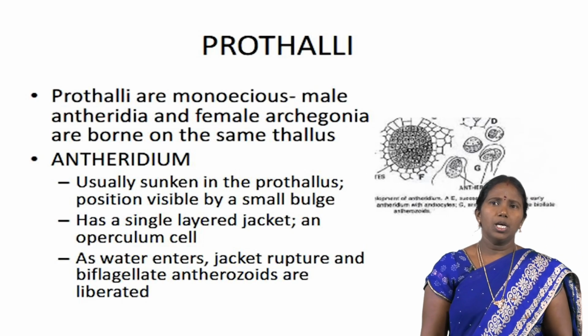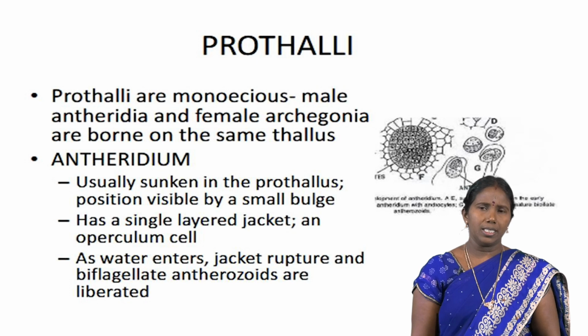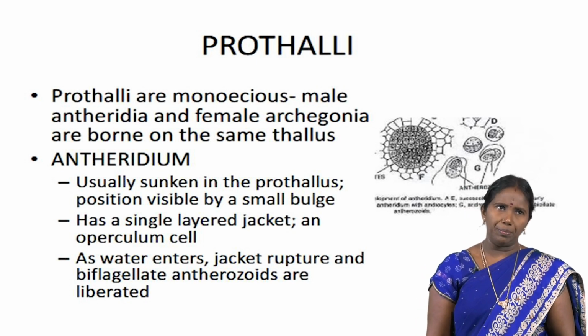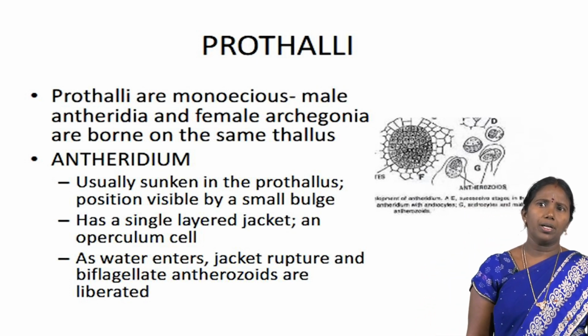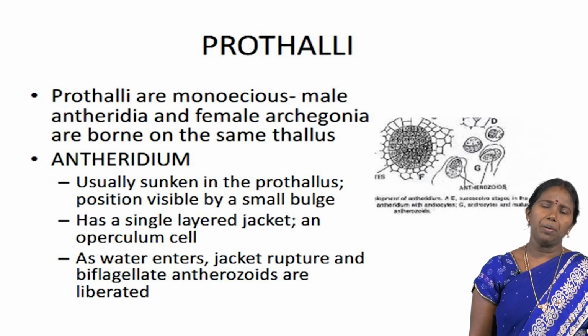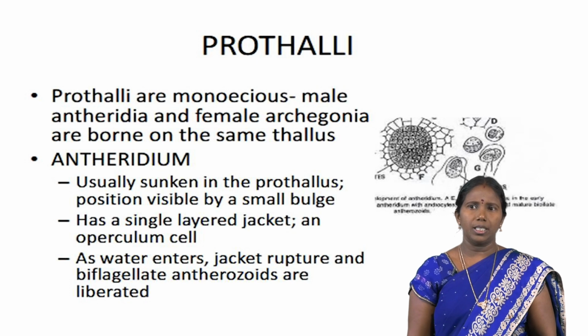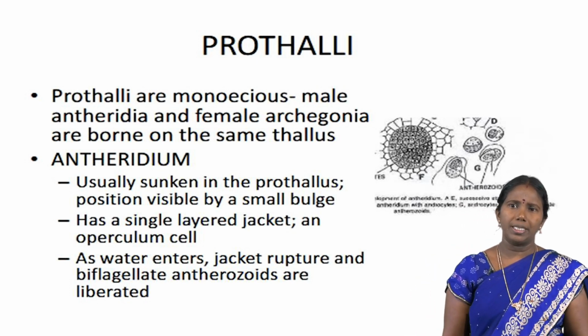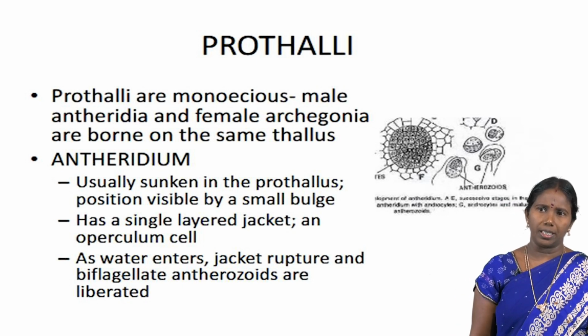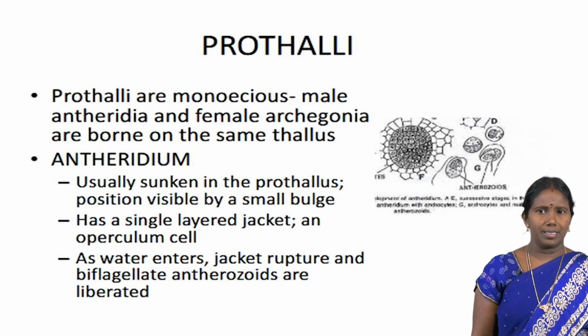Next, the prothallus. Prothalli are monoecious: male antheridia and female archegonia are borne on the same thallus or same Lycopodium plant. The antheridium is usually sunken in the prothallus, visible by a small bulge, and has a single-layered jacket and vapor column cells.